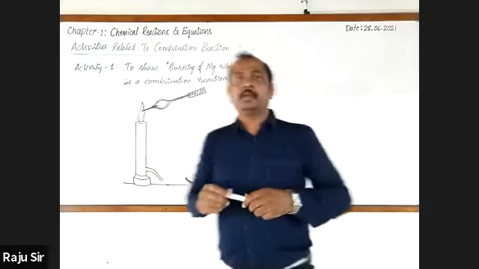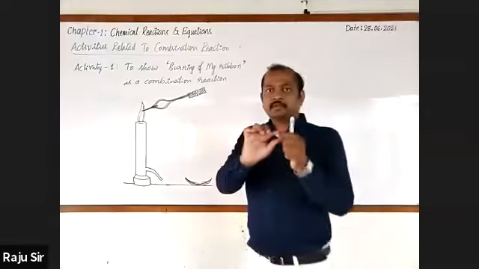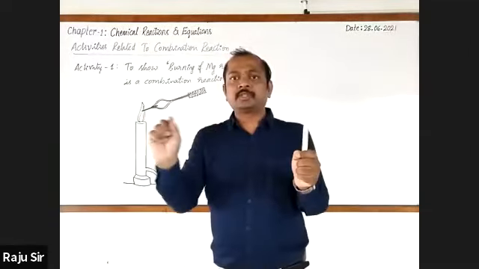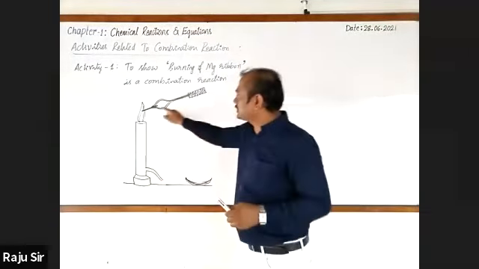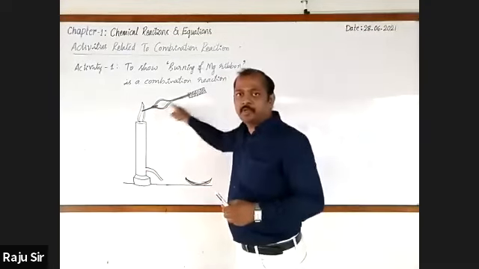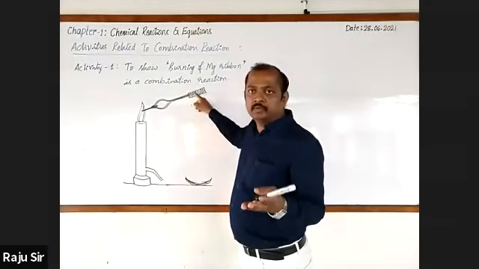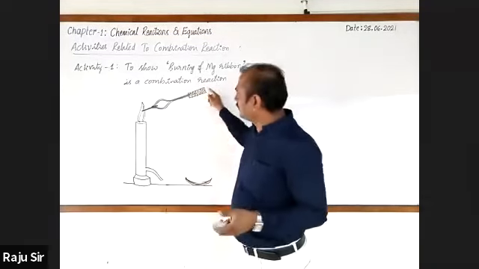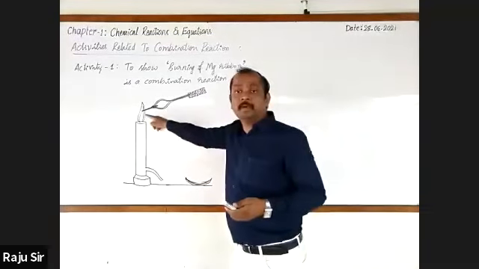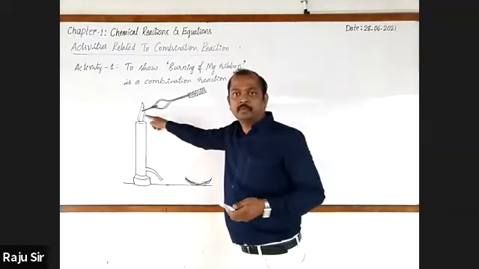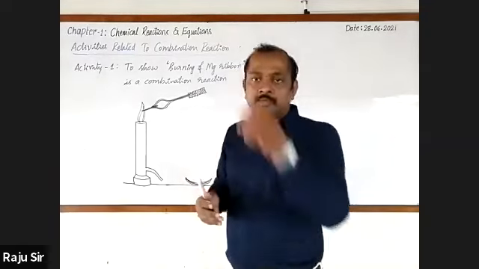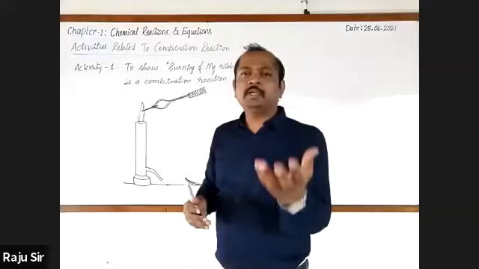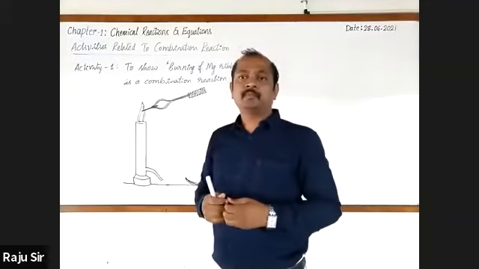Followed. Then after wiping it with a sandpaper, you fix that magnesium strip in the fire tongs or else the test tube holder. Then after that, introduce that in the Bunsen burner flame. We know that we observe it burns with a white dazzling flame, right?